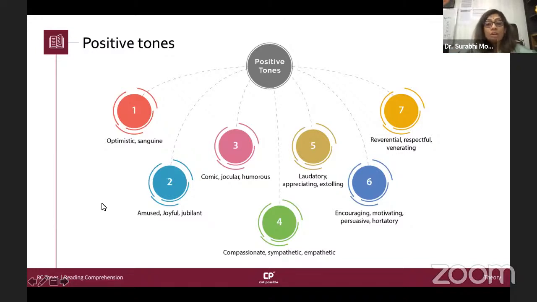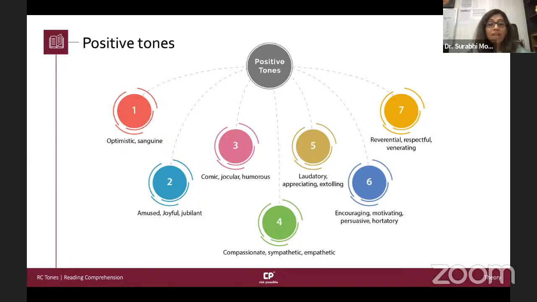So this decision, if you find these words in the option, has to be made by reading the passage well and by looking for keywords that the author has used to decide whether the author is optimistic, is the author planning for the future, hence optimistic, is the author praising someone, is the author paying respects to someone. So if the author is praising someone, then you are likely to choose a tone like 5.